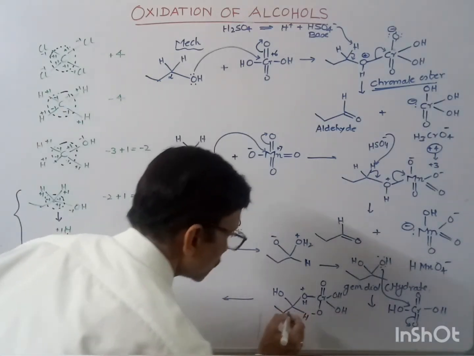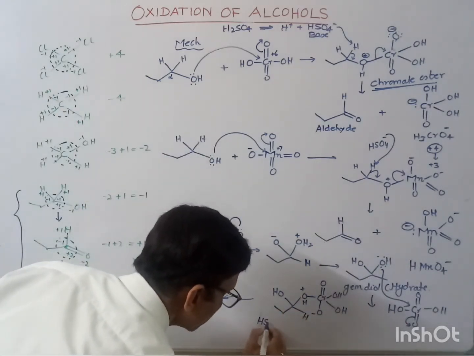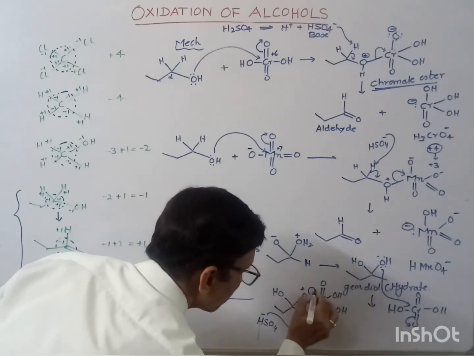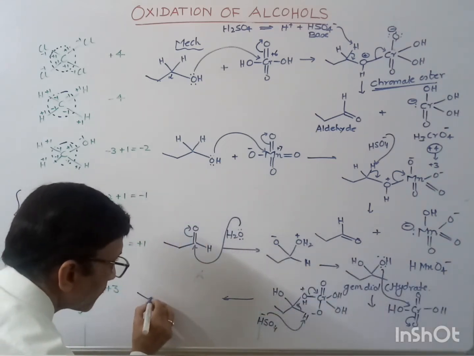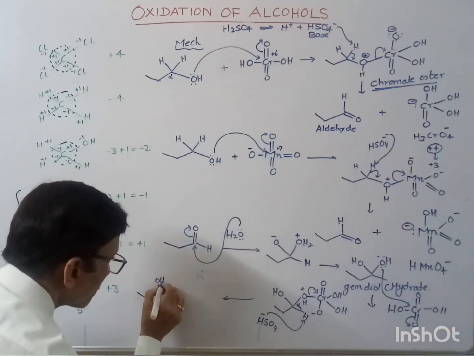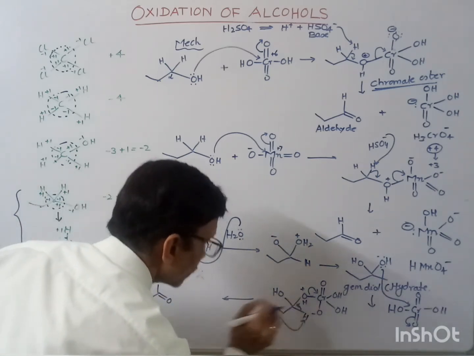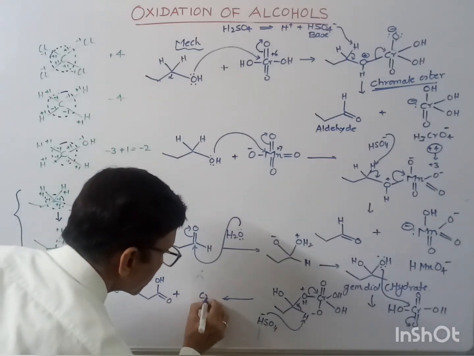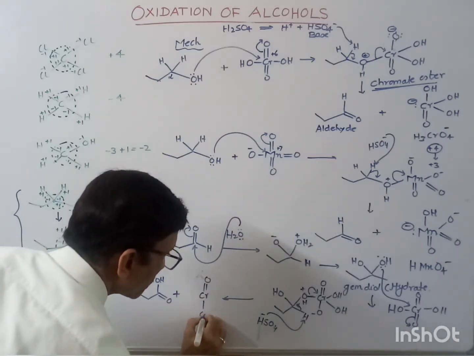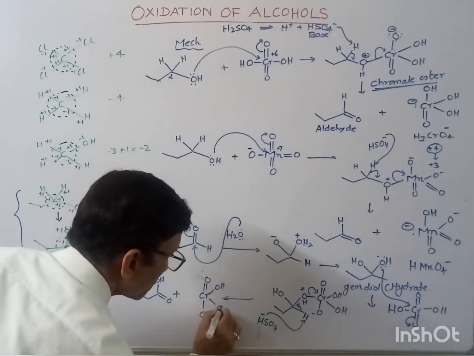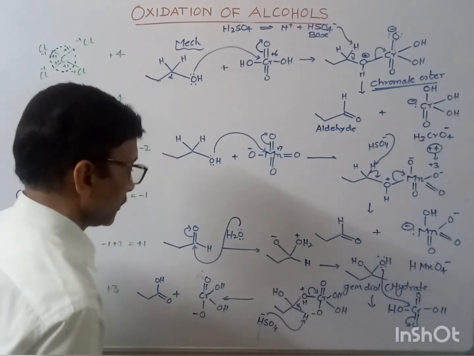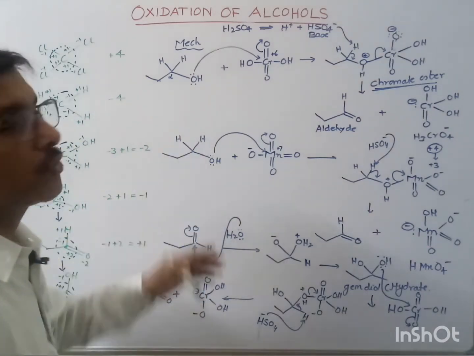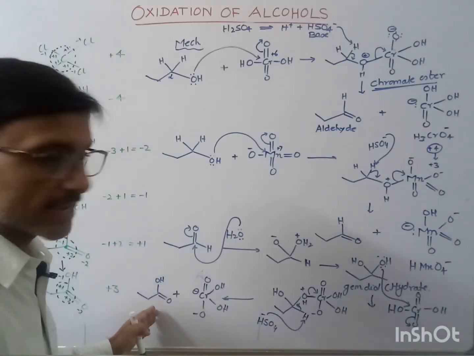So now this base will take this one, and finally we will get a double bond over here. So this is converted into acid. Okay, so like this the alcohol is finally converted into this acid.